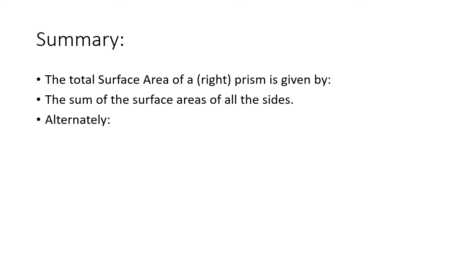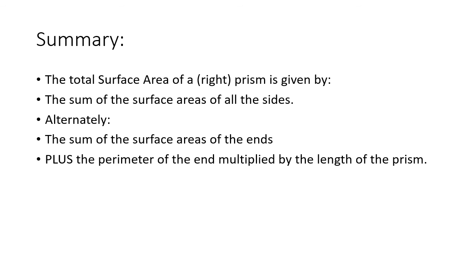Or the other way you can do it is to sum the two ends and then multiply the perimeter of the end by the length of the prism, and that is another way of calculating the surface area of the sides. And we add those to the ends and we've got our total surface area of the whole 3D shape.